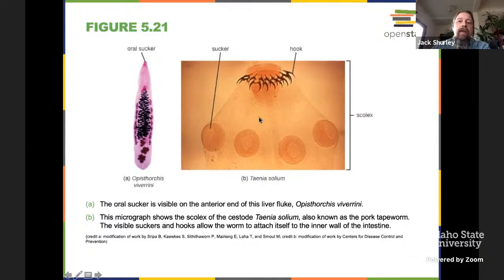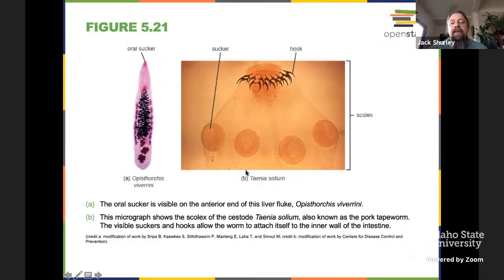Oftentimes, they may have a mouth that goes right to a blind sac, or none of that at all. They absorb nutrients directly through their tegument, so skin. Both of these guys can do that. The roundworms have a complete digestive tract, mouth to anus, and they pull in food through their mouth and digest it. They don't have tegument, they have a cuticle, right?